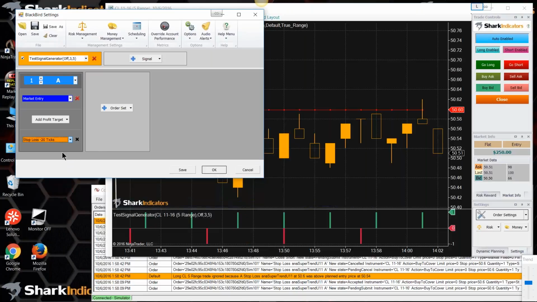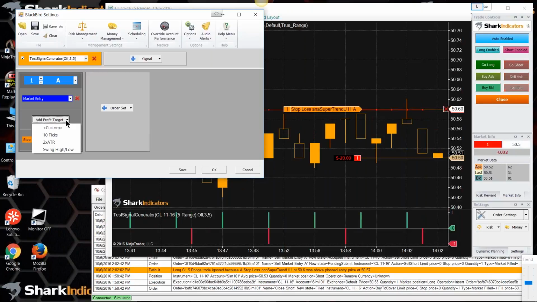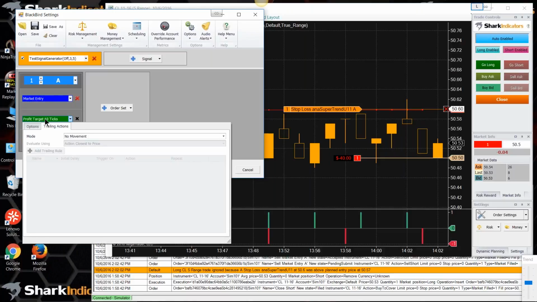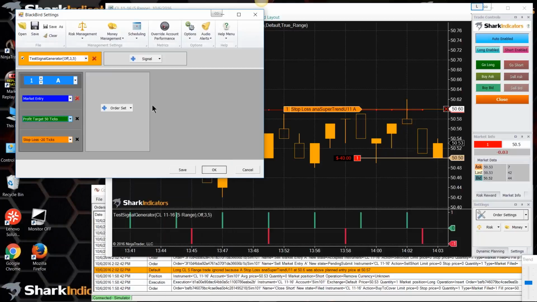Okay, so Frank is expanding upon this stop loss here. And so in Frank's question, he would have a profit target. So let's set some kind of a huge profit target, like so. All right, so we got a 50 tick profit target, a 20 tick stop loss, and our stop loss is going to trail. And let me get rid of the signals here.